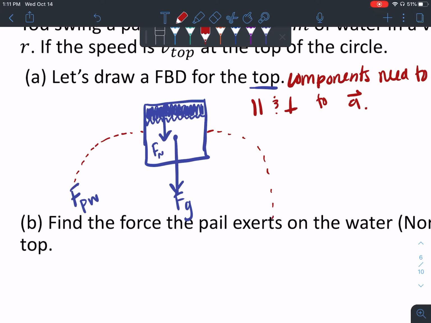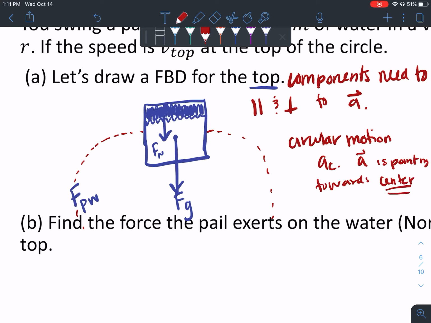It's not my best circle in the world, but that would be the path here. In a circle, you have a_c, your acceleration pointing towards the center of the circle. At the very top, the center would be straight down. That would be my acceleration vector.